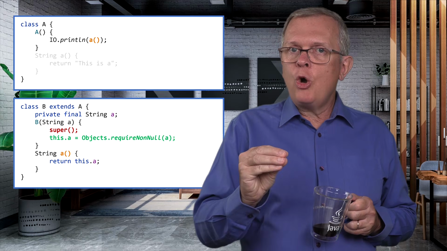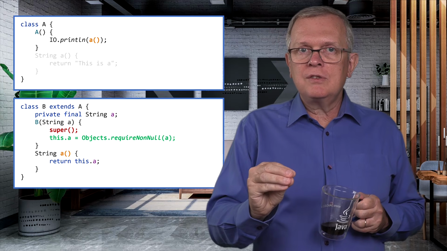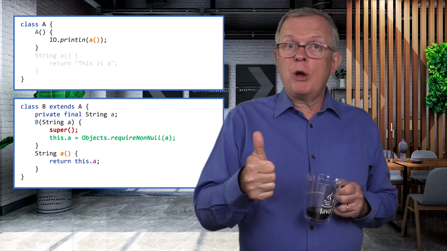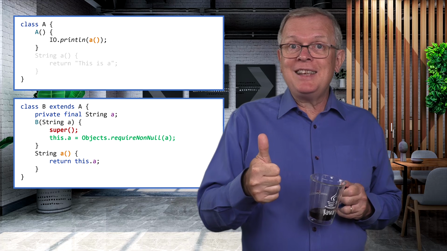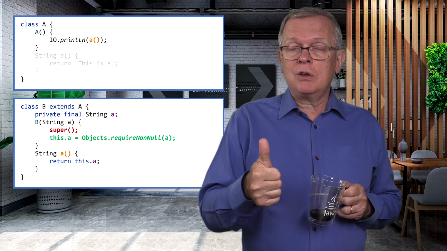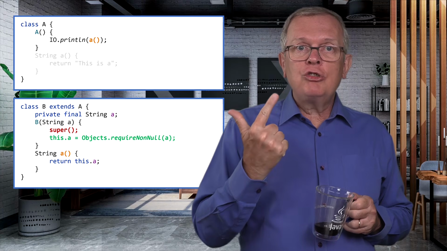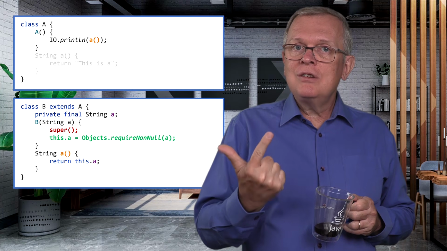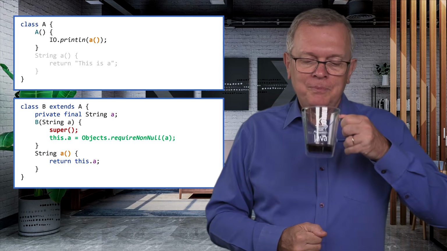Well, in that case, all your application could be at risk. So there are 2 points to fix. First, stop calling super implicitly as the first instruction of a constructor. And second, stop calling instance methods on objects that are not fully constructed.